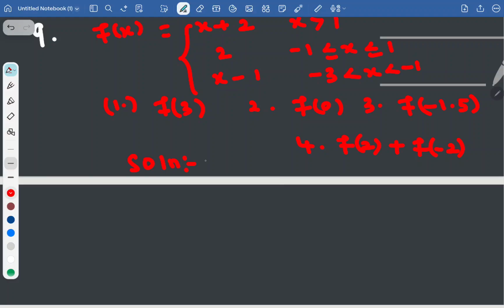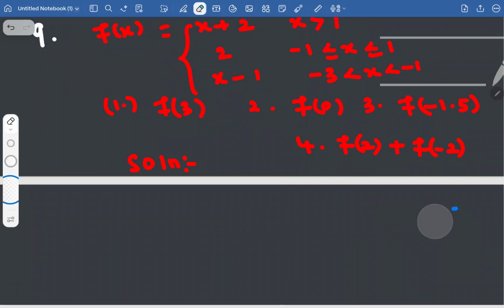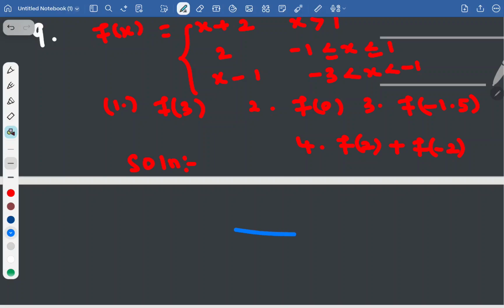Solution. Draw a line. x greater than 1, if I mark this point as 1; minus 1 less than or equal to x less than or equal to 1, if I mark this point as minus 1; if I mark this point as minus 3.